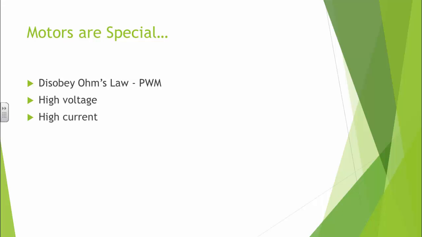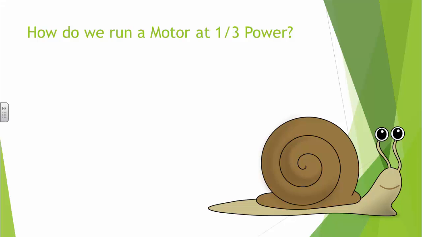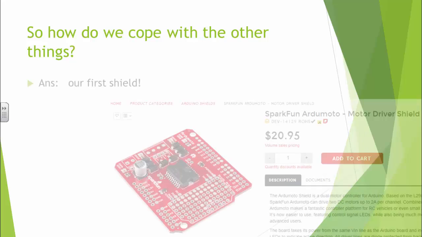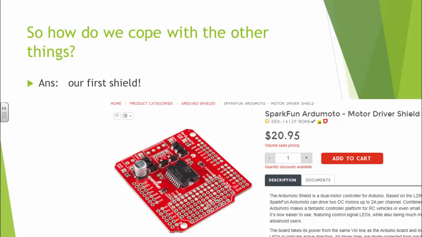They require high current to activate, and they have this thing called back EMF that we'll talk about in a few seconds. So we already know how to run a motor at 1/3 power. We use pulse width modulation for this, so that part of our equation is already taken care of. But for those other three attributes, we have no solution within the normal Arduino. So how do we cope with those?